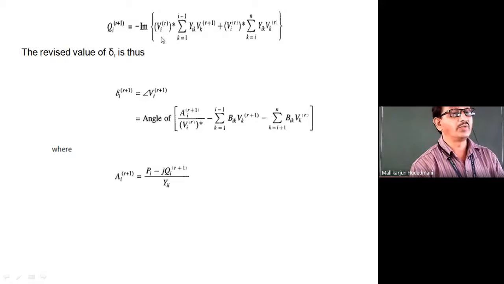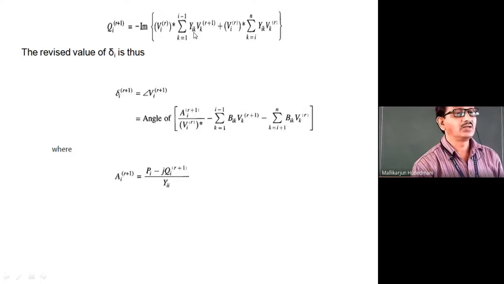We call it Vi of r, the initial estimate of the bus I am expecting, conjugate summation of k equal to 1 to i minus 1, the element Yik from the Y bus into Vk of r plus 1. What does this k refer to? k refers to a bus, like i is the bus which I am handling right now. k is similarly a bus having the range 1 to i minus 1.